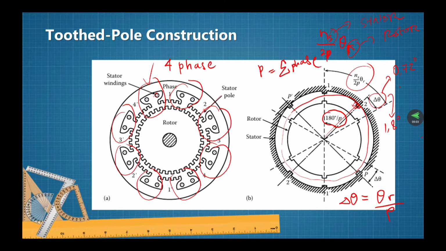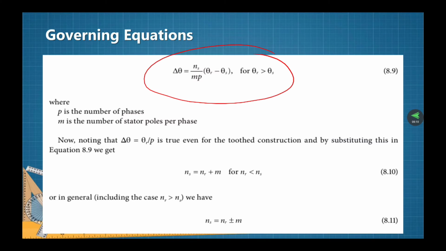There, if we have theta r equal to theta s, then when all the stator teeth of one phase are aligned with the rotor teeth, all the stator teeth of another phase will have a constant misalignment with the rotor teeth in their immediate neighbor.